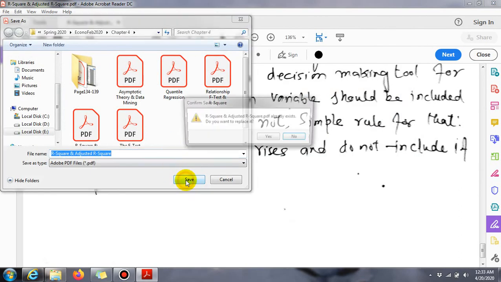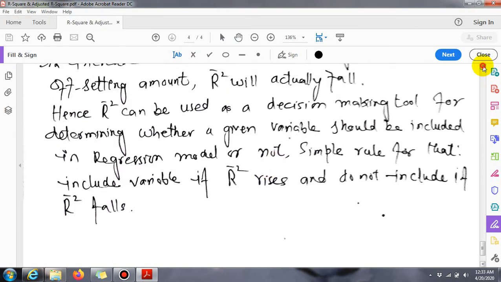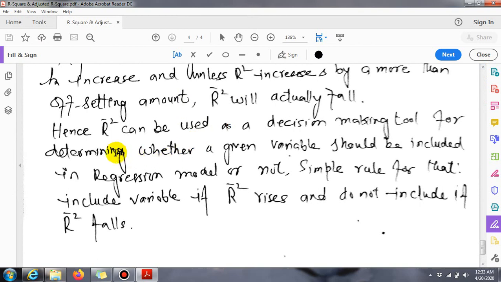There was a spelling mistake, so I have corrected it, and I can read it for you again. Hence adjusted R square can be used as a decision making tool for determining whether a given variable should be included in a regression model or not. As I am going to repeat, the simple rule is: include the variable if adjusted R square rises and do not include it if adjusted R square falls.